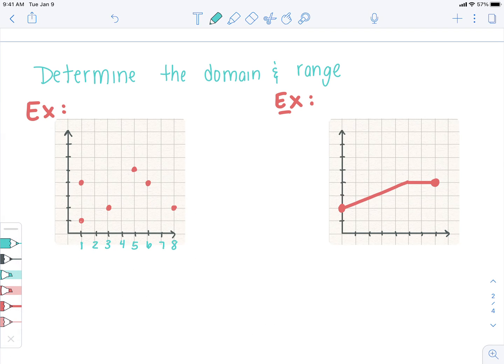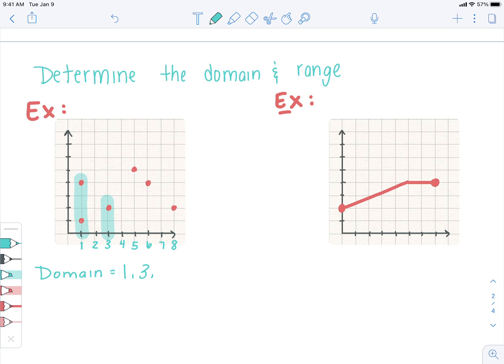So if I'm going to write the domain for this graph, because it's just a bunch of points, I just have to list the numbers just like I've been doing. And then I'm going to look and say, okay, I do have points at 1. So 1's going to be in my domain. I don't have any points at 2, so I'm not going to include 2. I do have a point at 3.